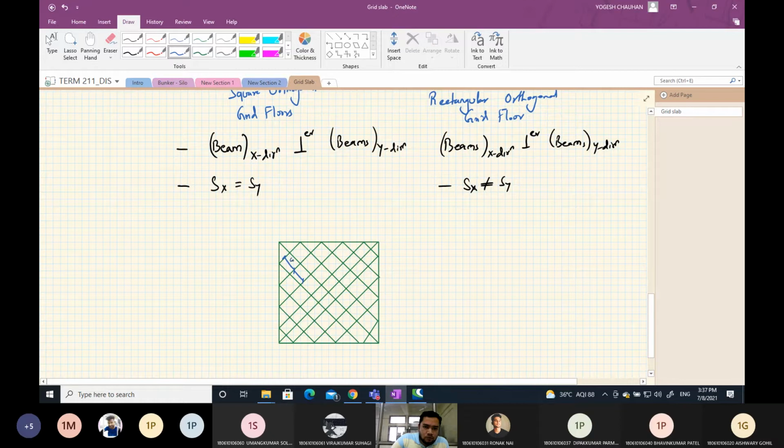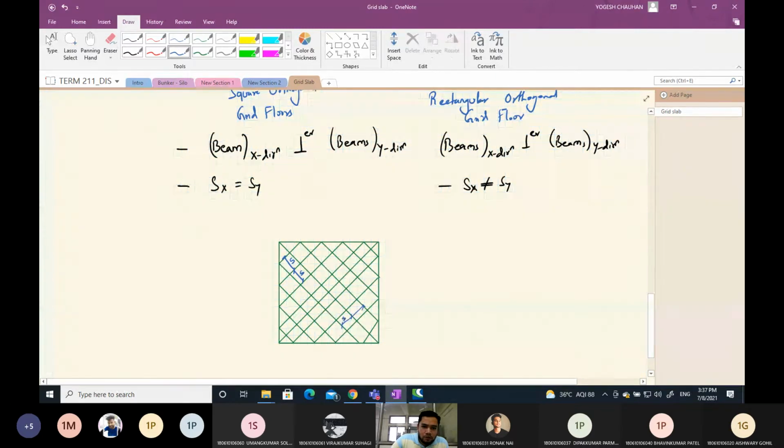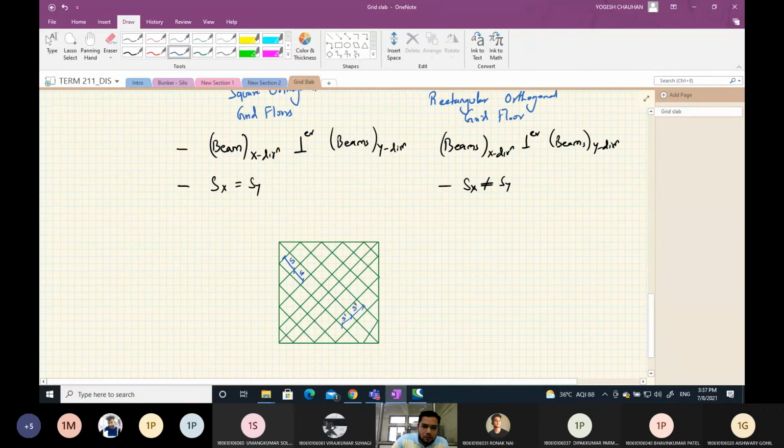Let us say this is S, so this is also S. Same way, in the perpendicular direction, let us say this is S dash, this is also S dash.